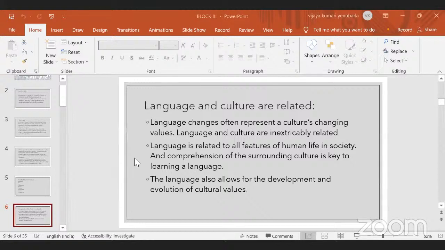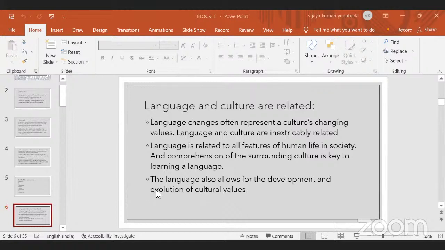This type of language cannot be understood if it is taken out of the surroundings of its emergence. Language also allows for the development and evolution of cultural values. Language also changes, isn't it? So it is allowing us to invite the changes, the development, and to accept the development.